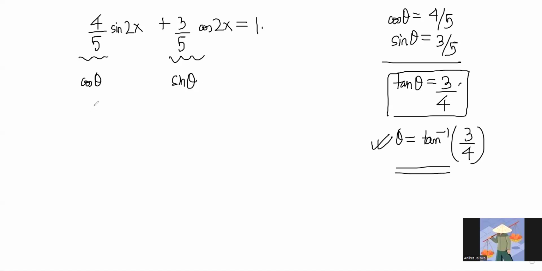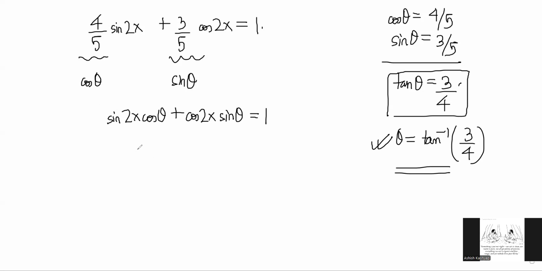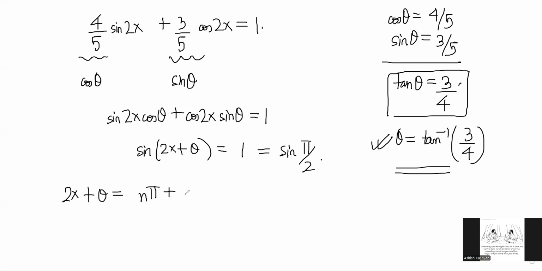Yes, sir. And now you can say that the whole thing is becoming sine 2x cos theta plus cos 2x sine theta equals 1. And now I can write this as sine of 2x plus theta equals 1. And 1 can be written as sine of pi by 2. And now you can use the general formula 2x plus theta is n pi plus minus 1 power n into pi by 2, right?